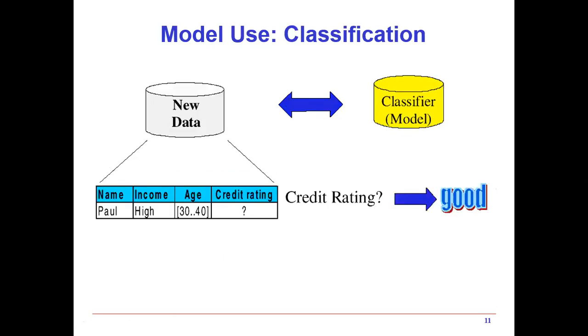So we can judge our performance based upon the test data. If you judge the performance based upon the test data, then when new data arrives, you can recognize whether the credit rating is good or bad.